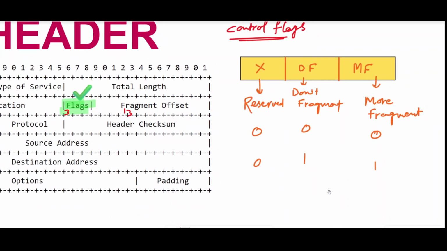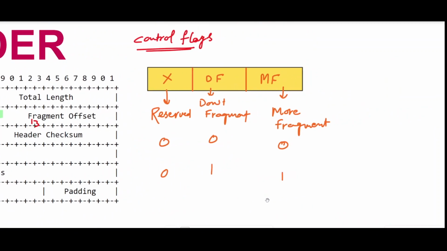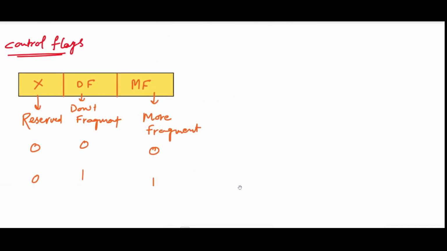Here we should write it this way. If DF equals 0, what is the meaning?